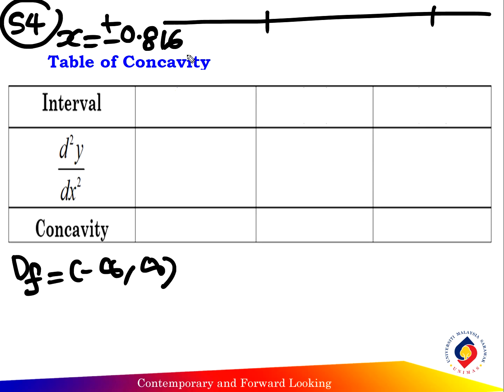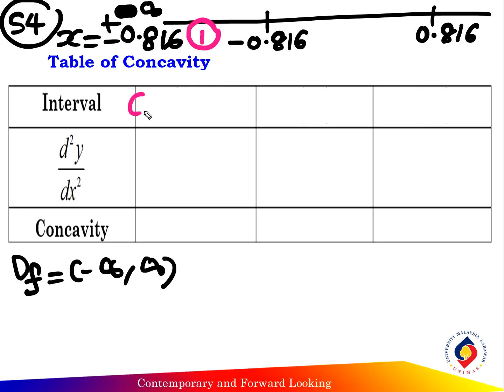Okay, so the first one here is negative 0.816 and the second is positive 0.816. So from the left of the function, start from negative infinity. The first value from the left is negative 0.816, and the second value here is positive 0.816. So the first interval is between negative infinity and negative 0.816.